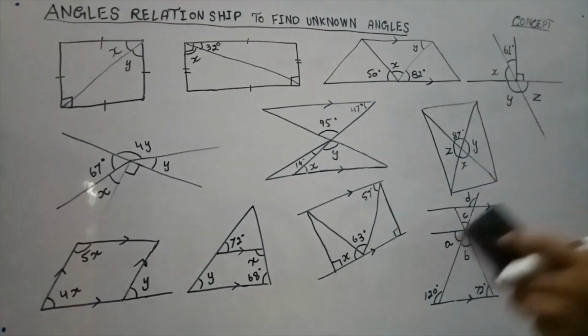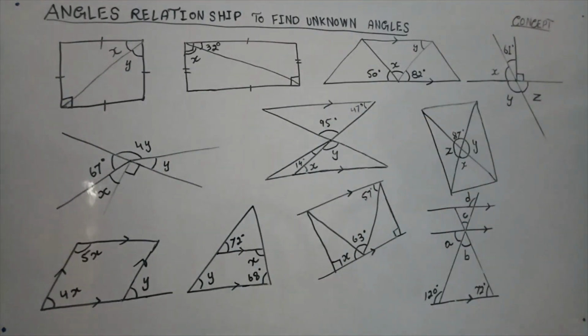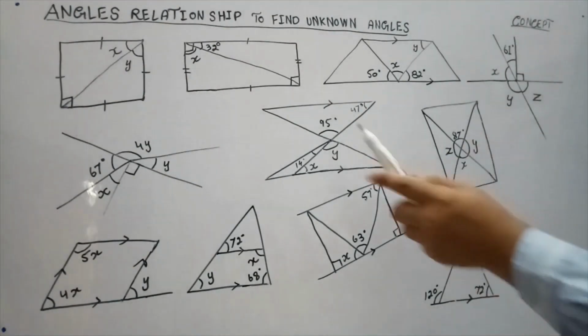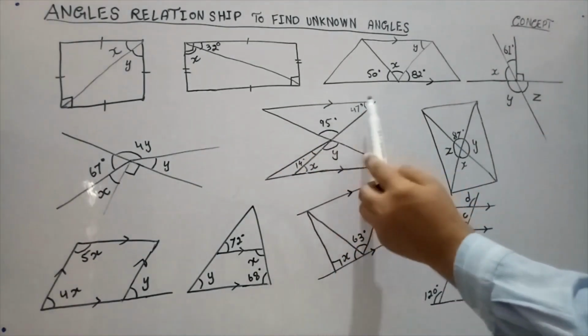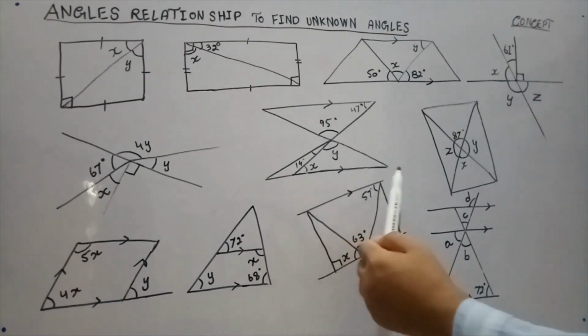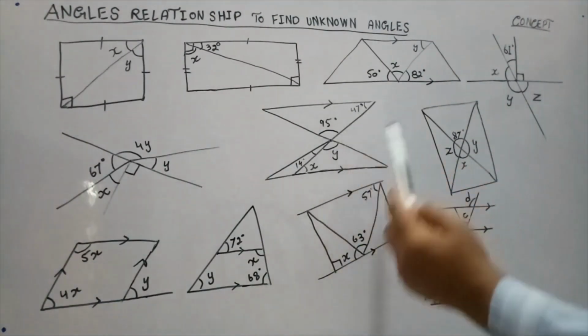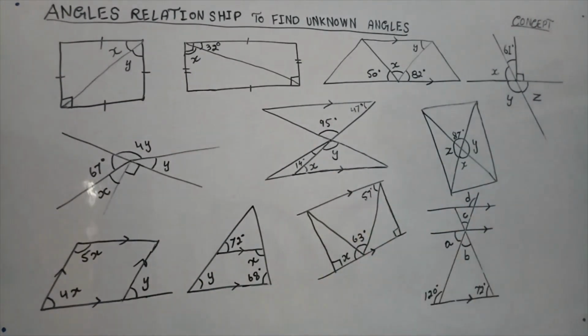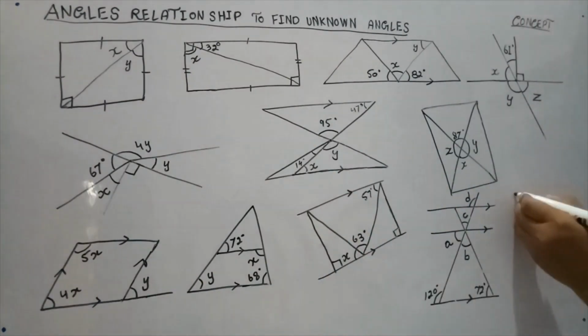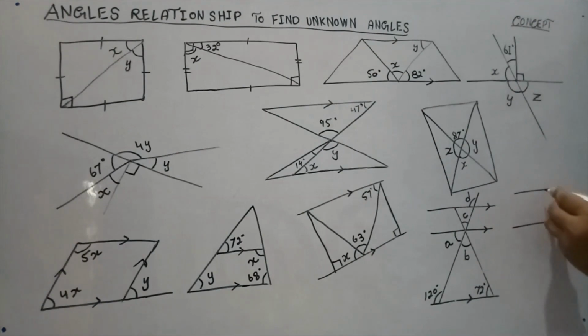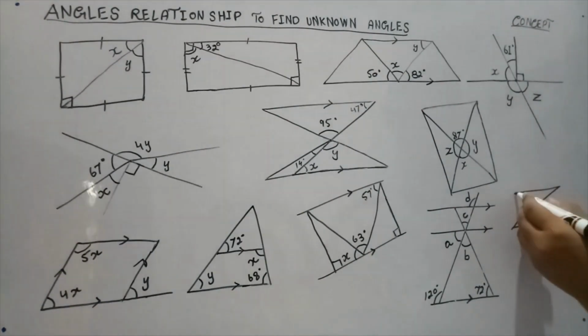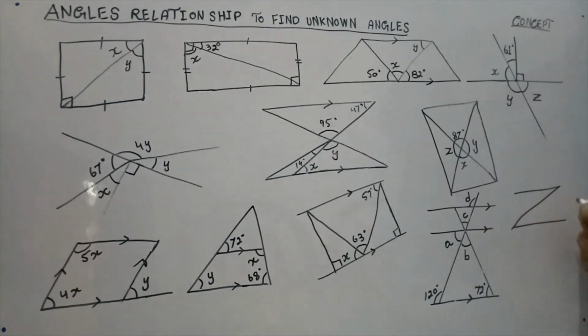Now we will solve our next part, this part. Now you can see that this line is parallel to that line. This line is parallel to this line. So here, let me redraw it first.